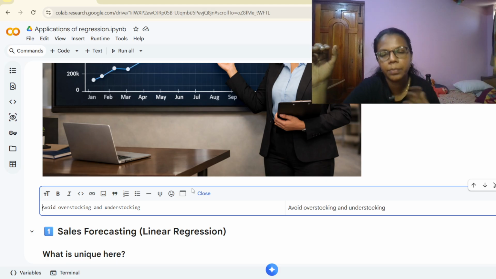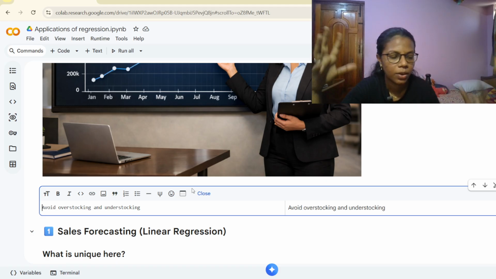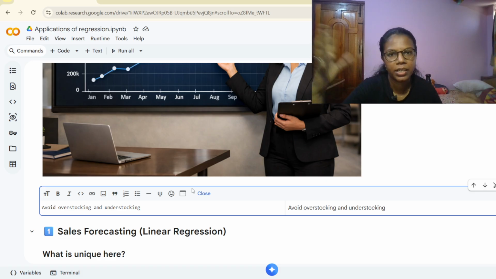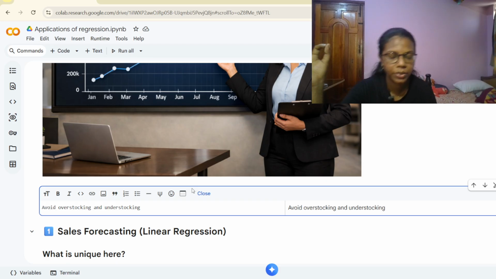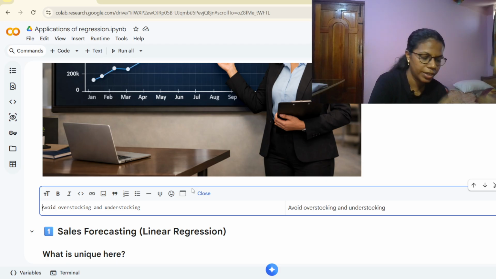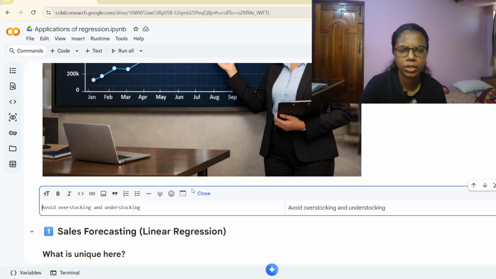If I am selling some product that has an expiry date, or from next year the product might not be trending, people might not be in need. In such a scenario, if I have so much stock, next year it is going to become a waste. The expiry date might come, or the product is not easy to sell next year.